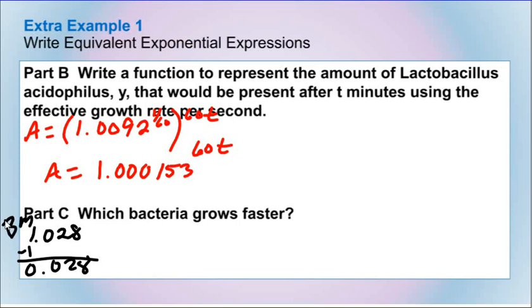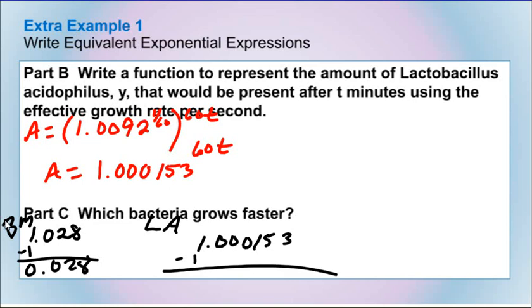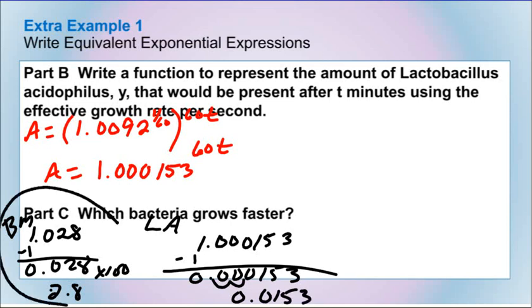And then our Lactobacillus acidophilus, this one, we had 1.000153. If we subtract 1, we would have 0.000153. And if I multiply by 100 for our percent, this would give us 2.8%. This would give us 0.0153, which would mean that this one would grow at a faster rate.